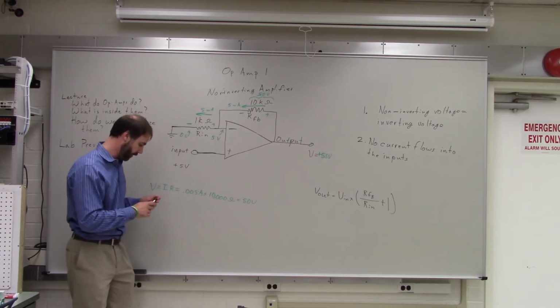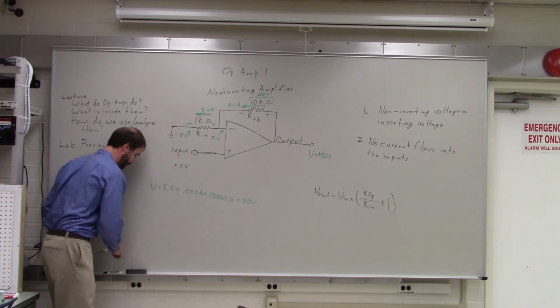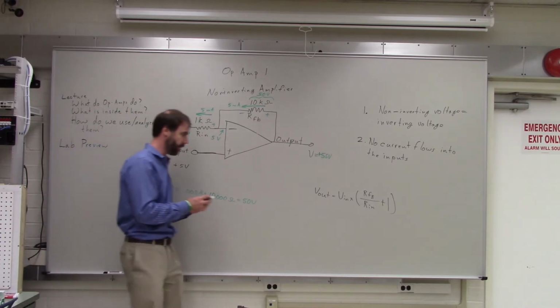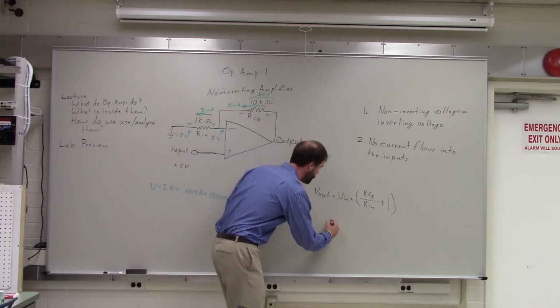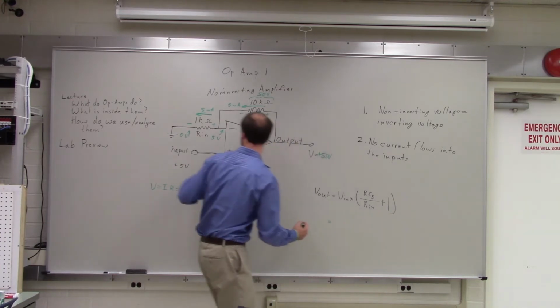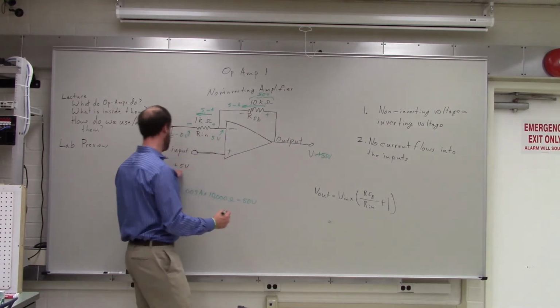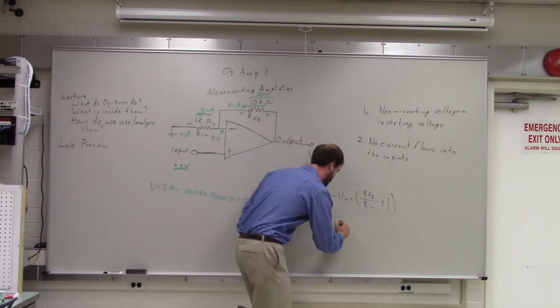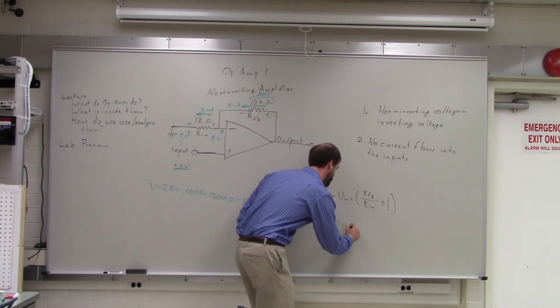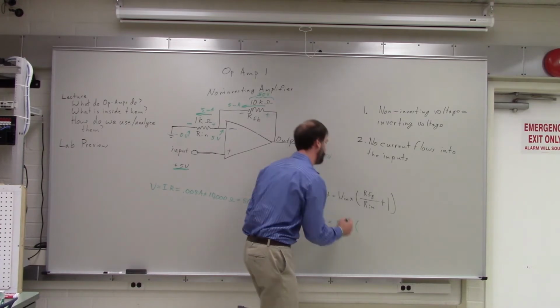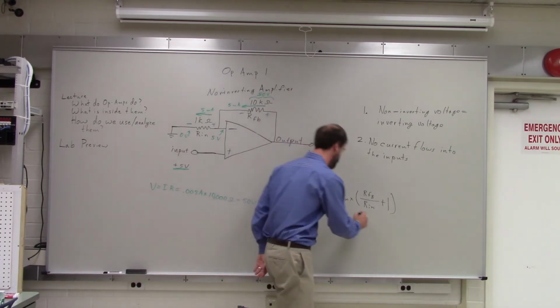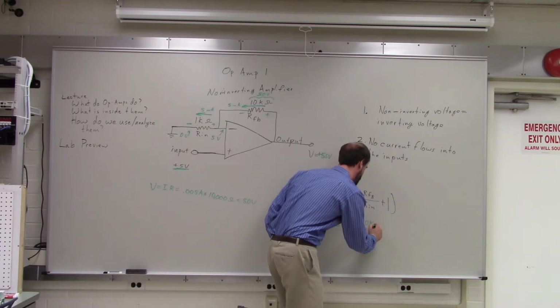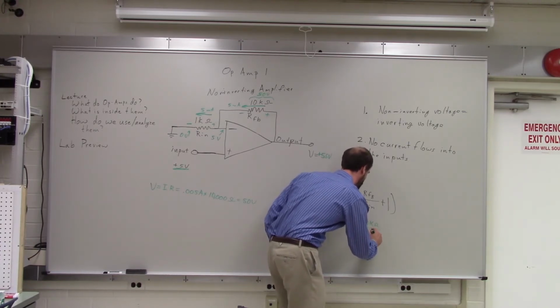So we can try that out again in this case and make sure it checks out. Our input is 5 volts, right? That's what we said over here. So that's 5 volts. And then our feedback is 10 kilo ohms, and our R in is 1 kilo ohm.